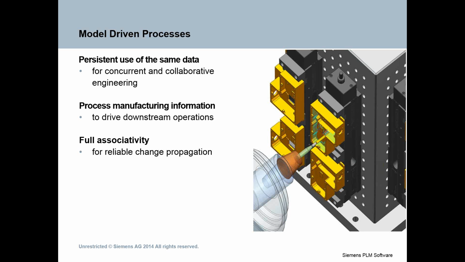Workflows are done in parallel and concurrently, thus reducing manufacturing engineering time. All users and consumers of this information are kept up to date, seeing the latest progress and changes in the work because of the full associativity in NX. There is no need to manage multiple copies of design models or to use separate software for different work tasks.